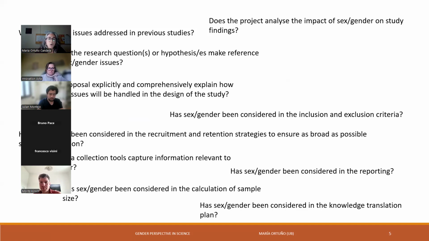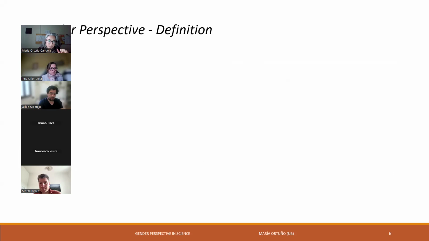How are you going to incorporate the sex and gender perspective in reporting, in your methodology? And for us as earth scientists, sometimes it's hard to know how we are going to address all these issues that seem, or are, more easily related to health science or social sciences, but not earthquakes, for instance. Okay, so I will try to go ahead and put some light on this.